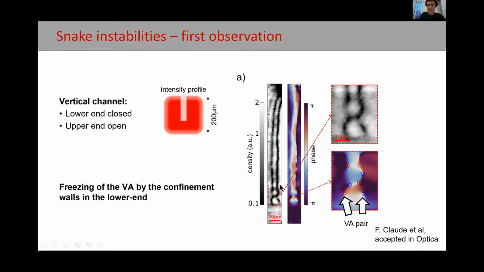You see these snake instabilities only in this part, because the confinement induced by the three walls exists only in this part of the channel. We can then easily map this vortex-anti-vortex pattern by looking at the phase, in which you can easily find the position of the vortex cores.